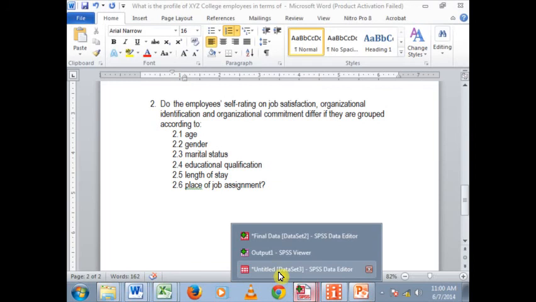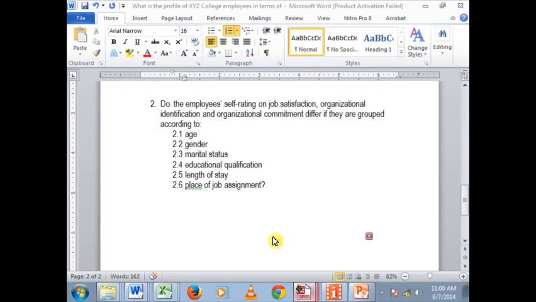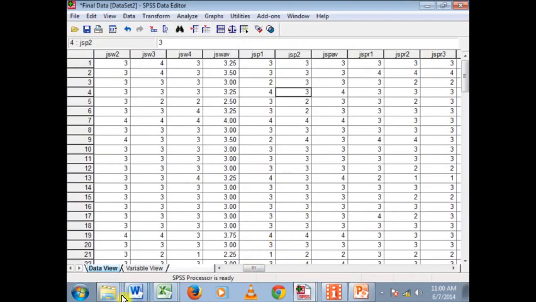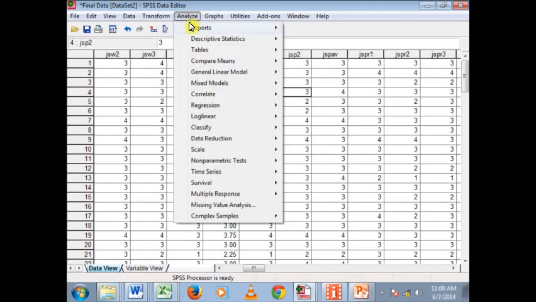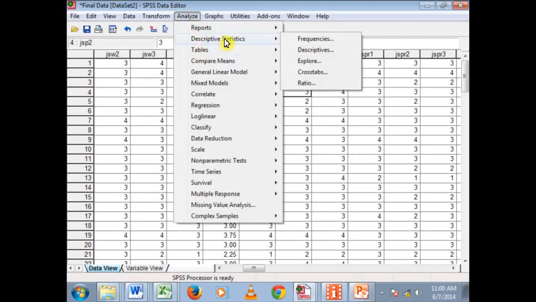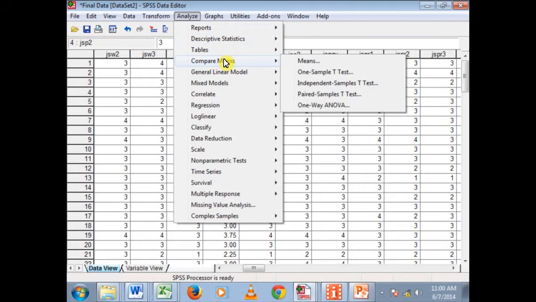Perhaps I'll turn this over now to Engineer Pulancos to handle analysis of variance. Still, we use comparison of things. So we have to use a one-way ANOVA.